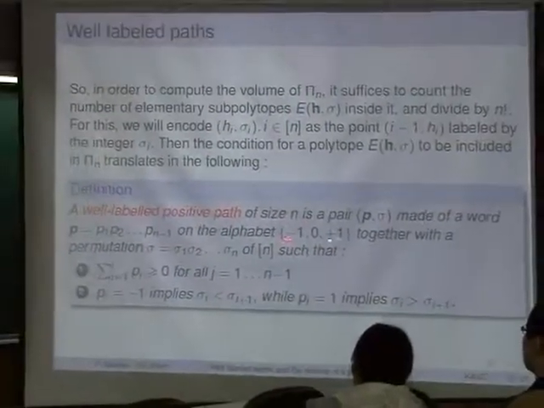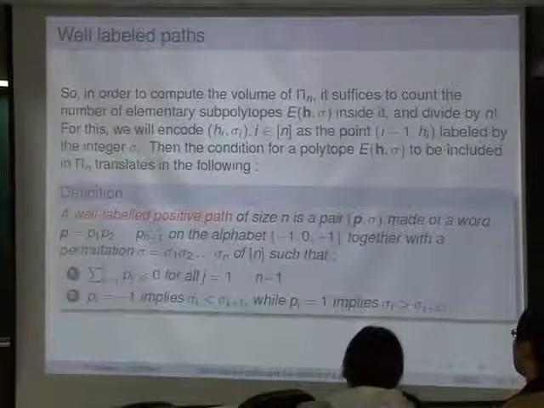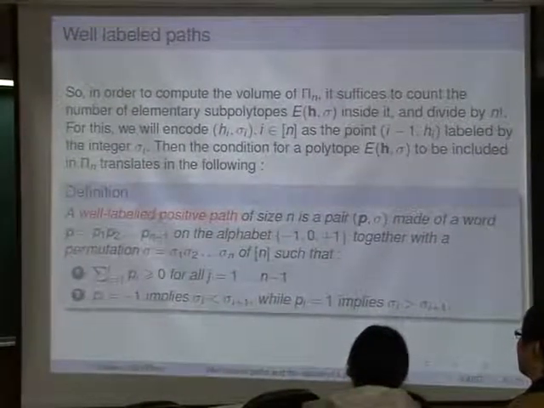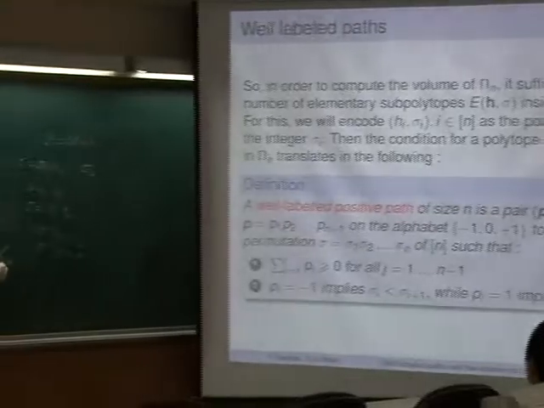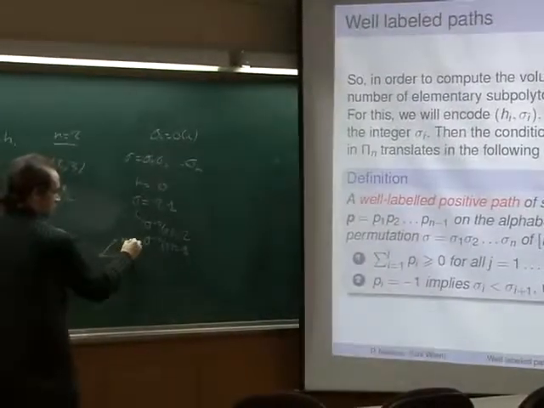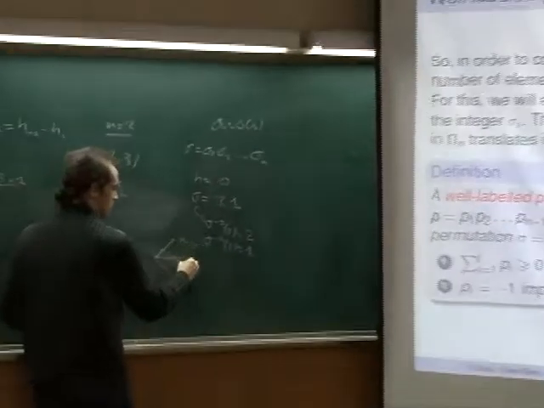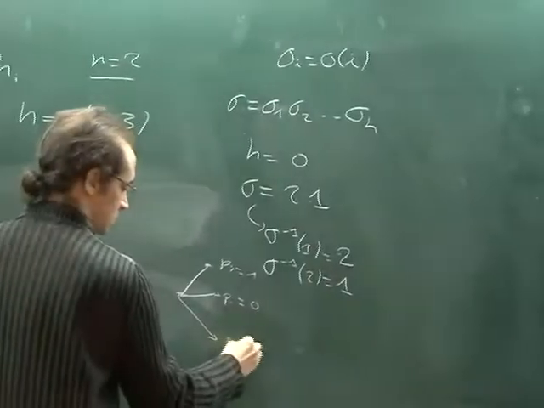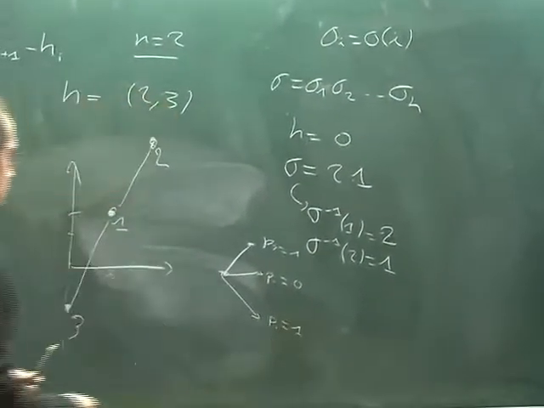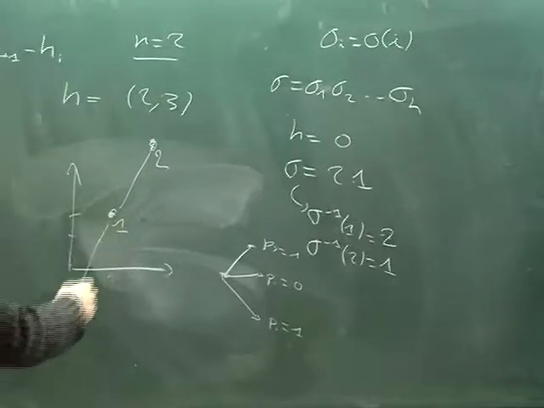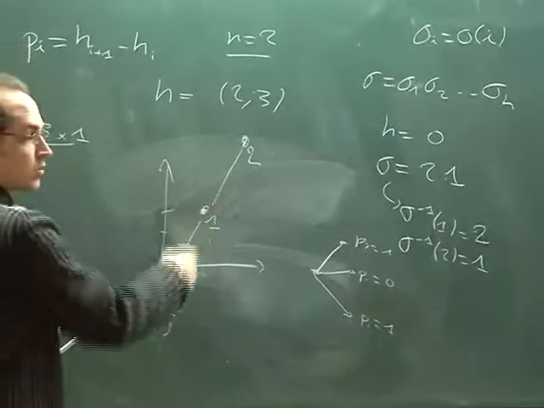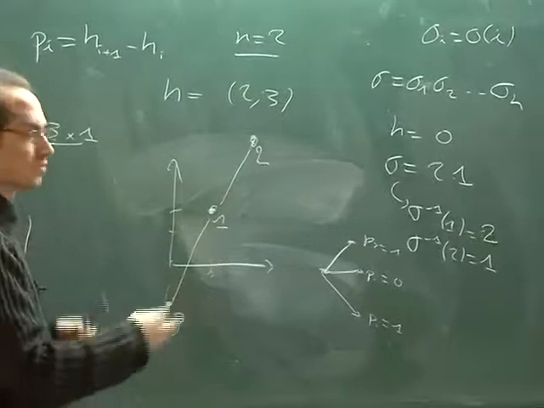And so these Pi's will describe the steps. So Pi equals 1 will describe an up step. Okay, just Pi equals 0. So that's what I mean when it describes the difference in heights between Hi plus 1 minus Hi, minus 1, something like this.